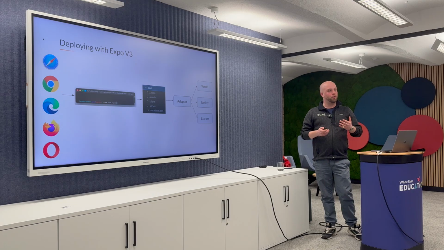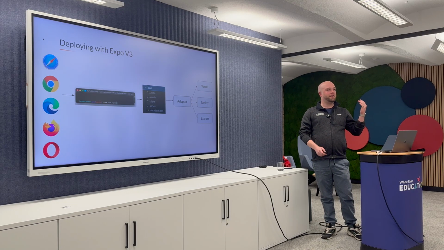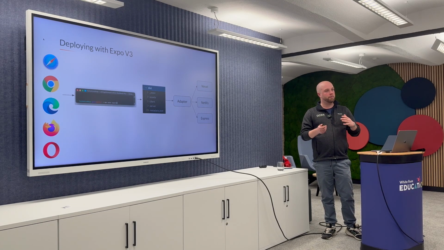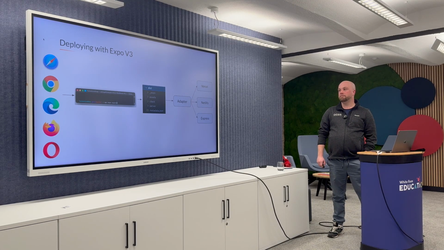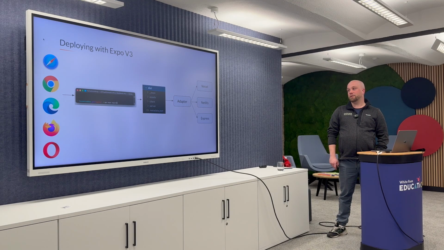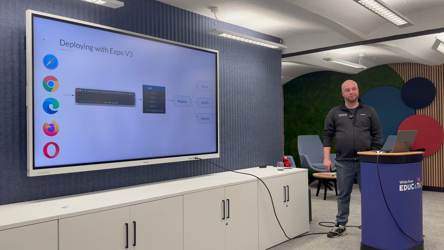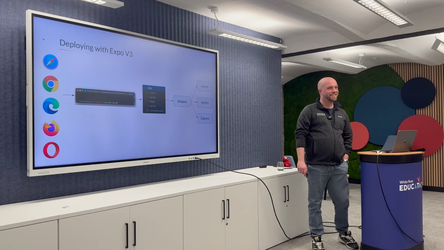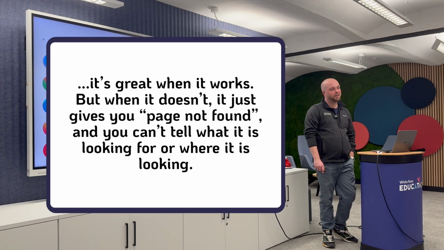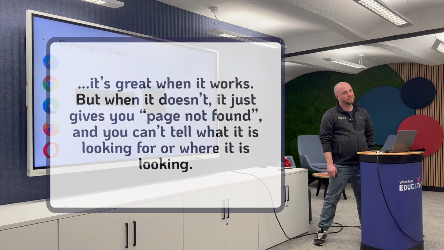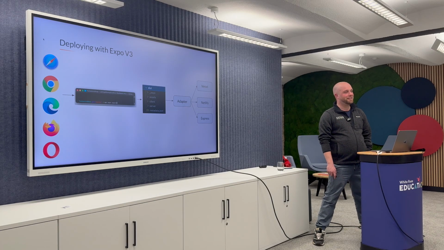It does seem like the logical way to find things in your app instead of having to navigate through screens and do it programmatically. I think URL-based routing is the way forward personally. Tips for debugging it, though. Yeah, it's great when it works. And it just gives you the page not found, and you can't tell what it's looking for or where it's looking. I just wondered if you had any good tips here.